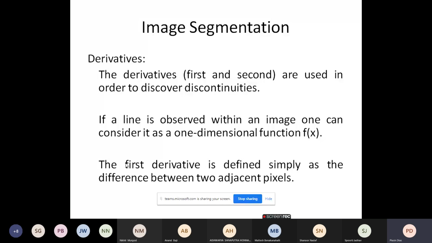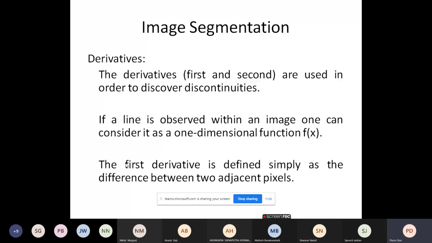I said two adjacent pixels, isn't it? You have to find the difference between two adjacent pixels. If I consider one term as f of x, what is my next adjacent? f of x plus 1. So I'm talking about f of x plus 1 minus f of x, the two adjacent pixels.